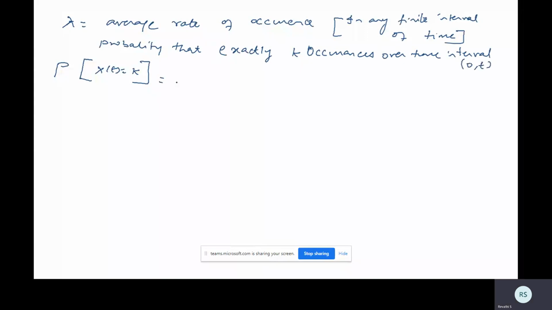We can define it as a probability given by (lambda t) the whole power k into e power minus lambda t divided by k factorial.